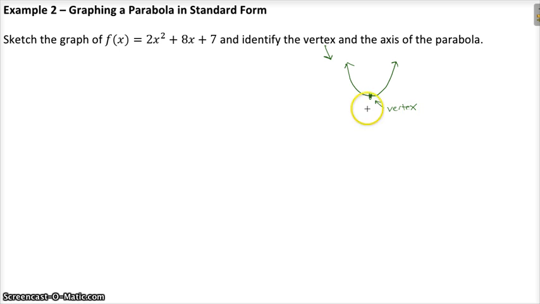And there's a way to find this vertex. Okay? If you have something that looks like this. Okay, and the way you do that is this way.